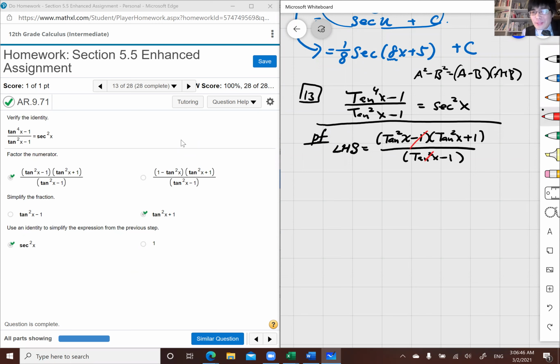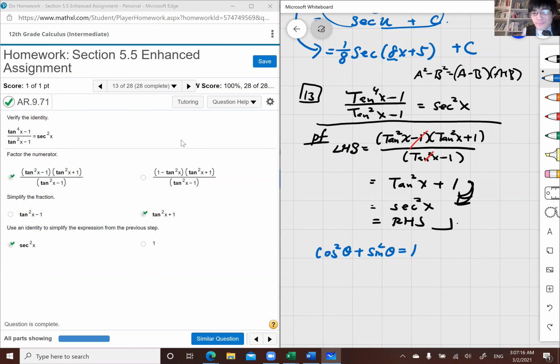Now you can reduce the fraction because it's in product form. So that's tangent x squared plus 1. And then this is actually equivalent to secant squared, which is the right-hand side. Okay. I hope you remember this part. The very important formula for sine and cosine is cosine theta squared plus sine theta squared is equal to 1.